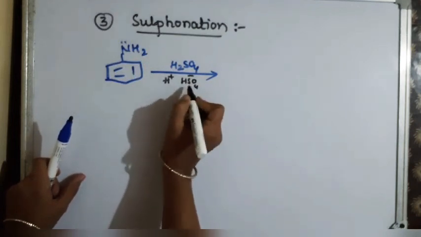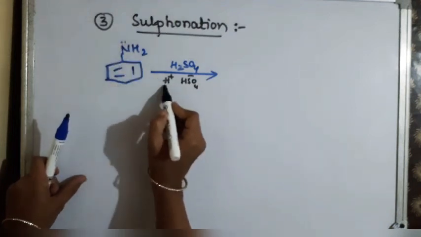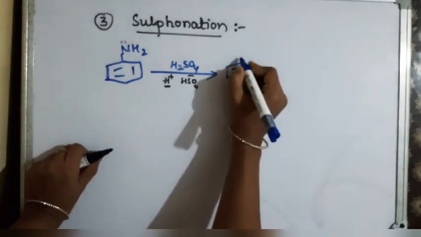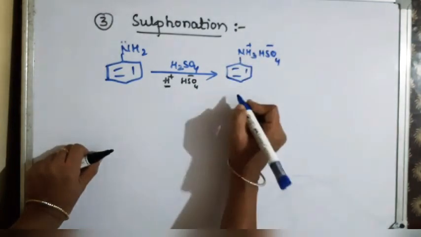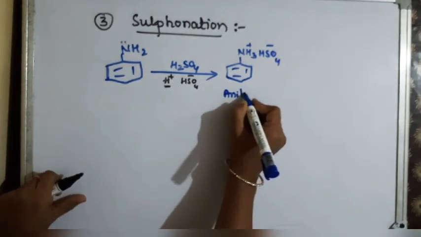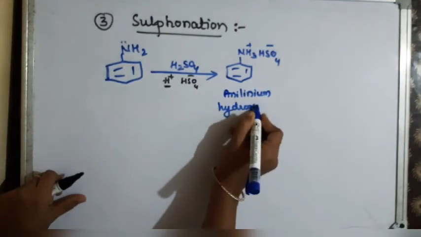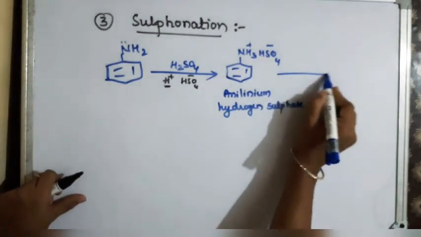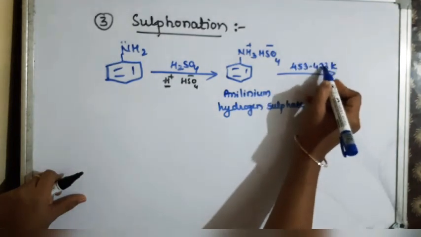The lone pair of electrons combines with H+ and there is a formation of NH3+ HSO4-. Like this, a salt is formed. This is called anilinium hydrogen sulfate.